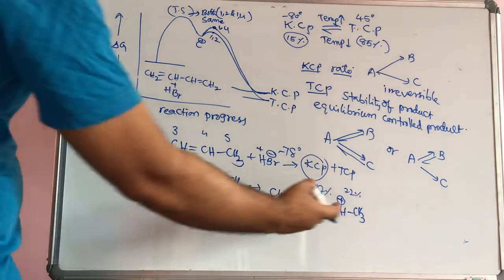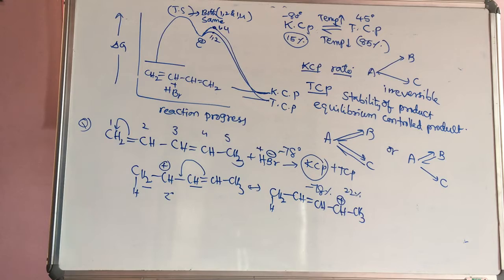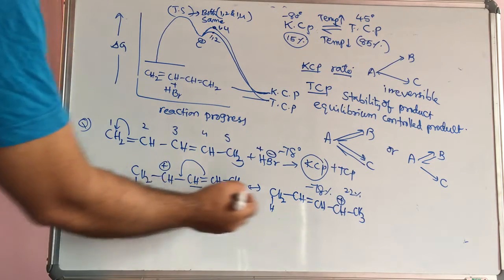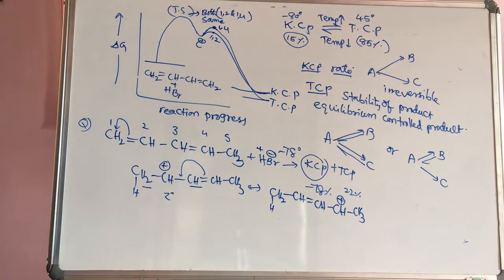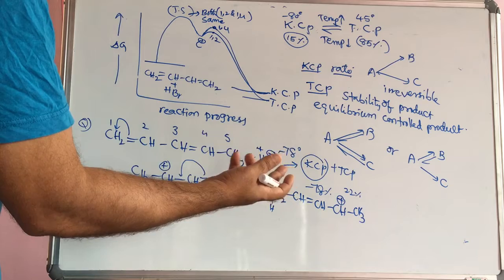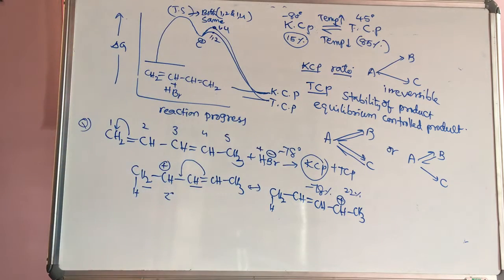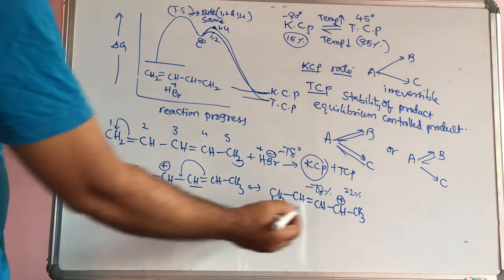So both have the same stability, because if you observe this one or this one, they have the same stability. If they have the same stability, then temperature is given here, so according to temperature we decide the major product. This is a secondary carbon, and this is also a secondary carbon.